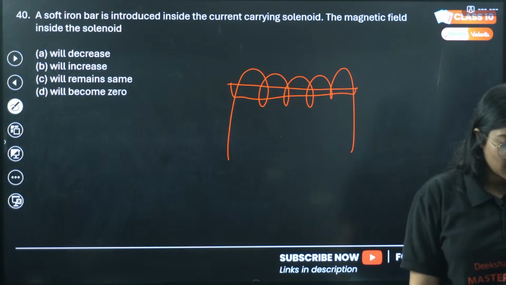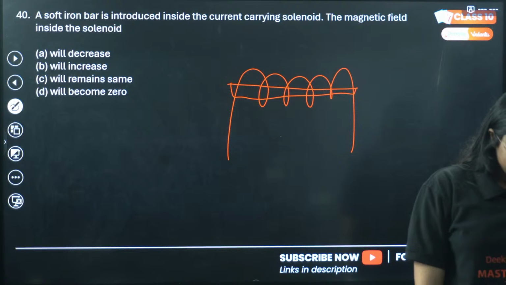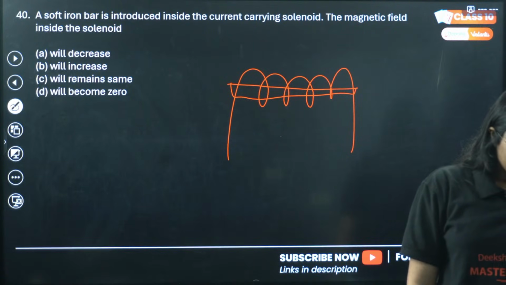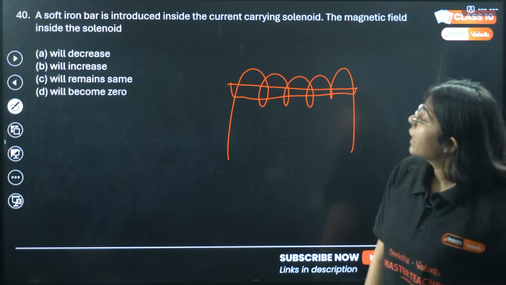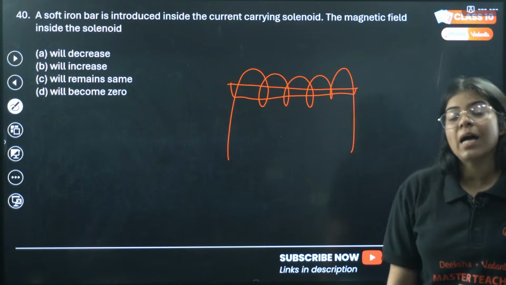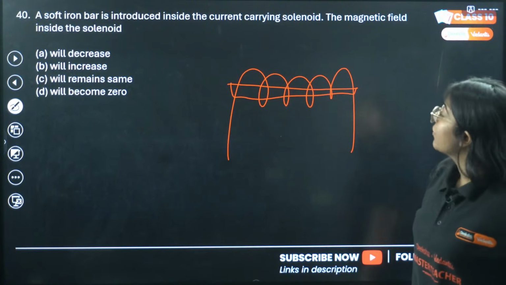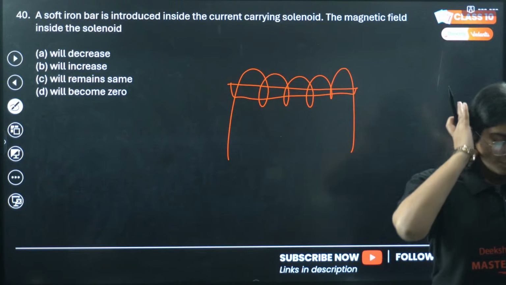Option D, straight line, Abhinav. Correct. Okay, let me know the answer to this question now. If I introduce a soft iron bar inside the solenoid, will its magnetic field increase or will it decrease?